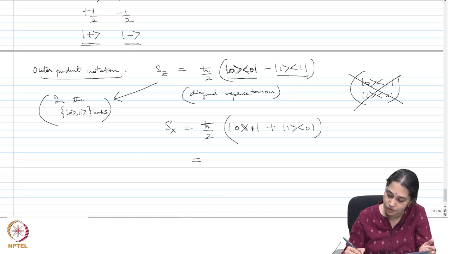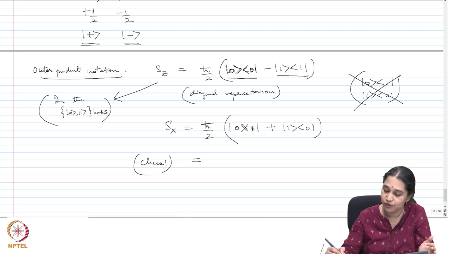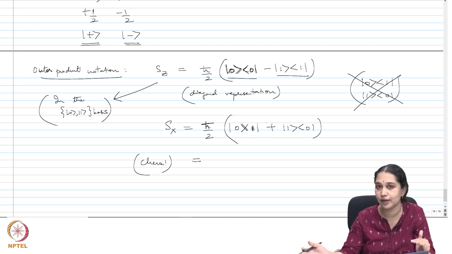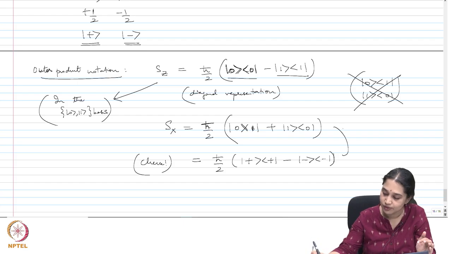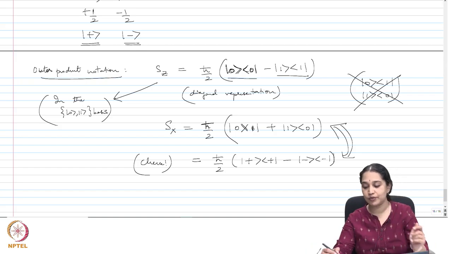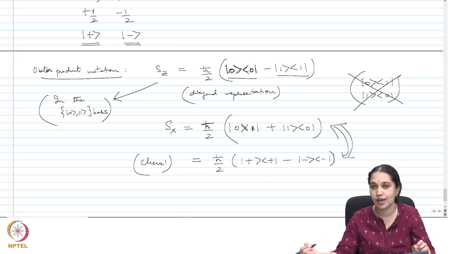Now again this can be checked just by doing a bit of bracket algebra. We know what 0 and 1 look like in terms of plus and minus, and what plus and minus look like in terms of 0 and 1. So one can then write this out essentially as |+><+| minus |-><-|. You can check that these two outer product representations are indeed the same. I have just simply gone from one basis to the other.